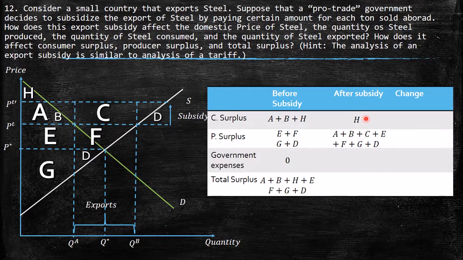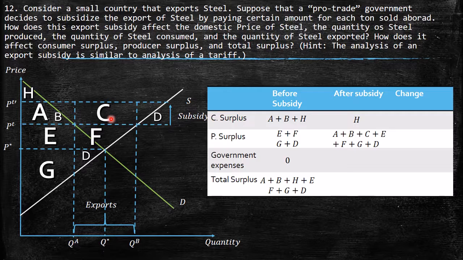So after the subsidy, this is going to be the consumer surplus. They have to pay how much? They have to pay the same, so the consumer surplus is going to be exactly the same. What about the producer surplus? They will have this triangle plus C. Why?